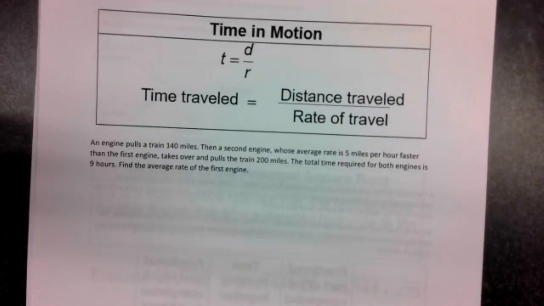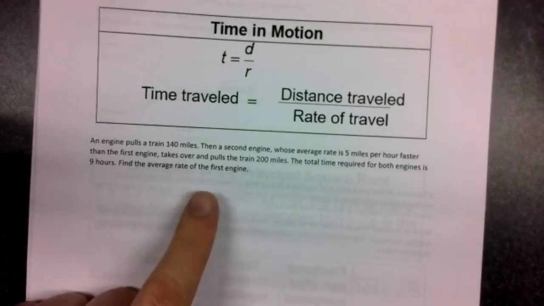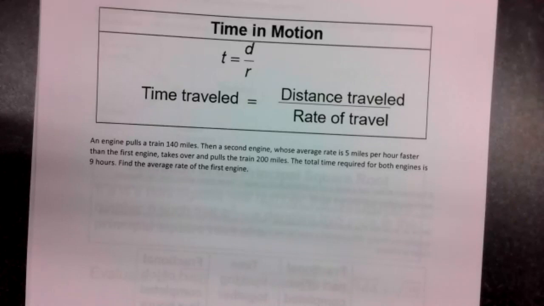So let's go on to this example here. It says an engine pulls a train 140 miles. Then a second one, whose average rate is 5 miles per hour faster than the first engine, takes over and pulls the train 200 miles. The total time required for both engines is 9 hours.